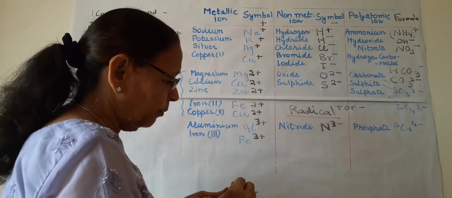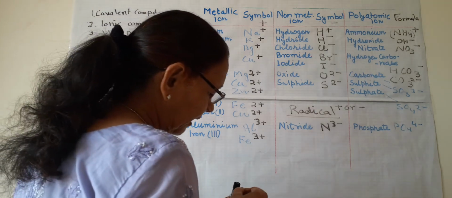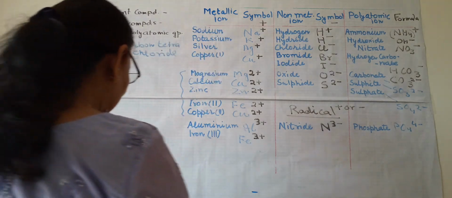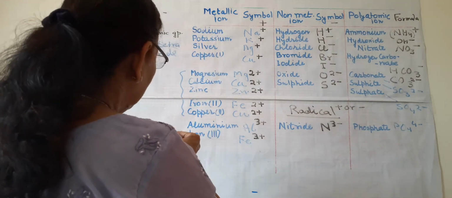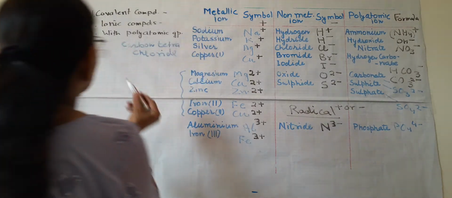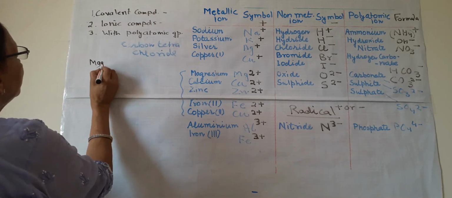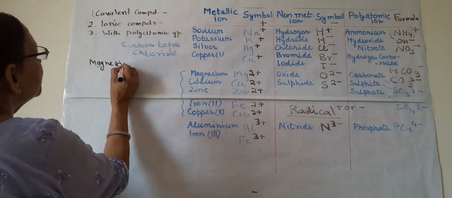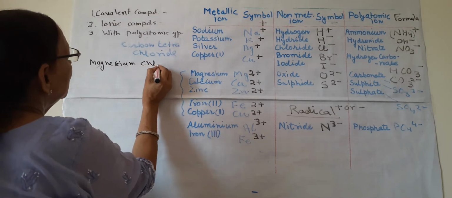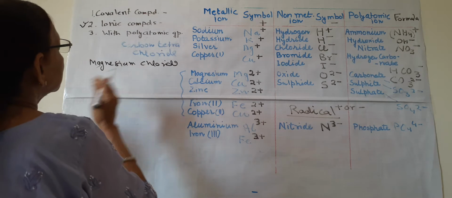The formula is MgCl2. Now we are writing formula for these ionic compounds.